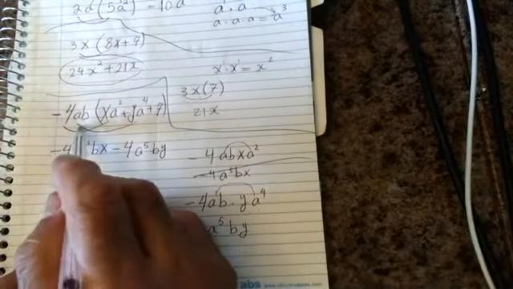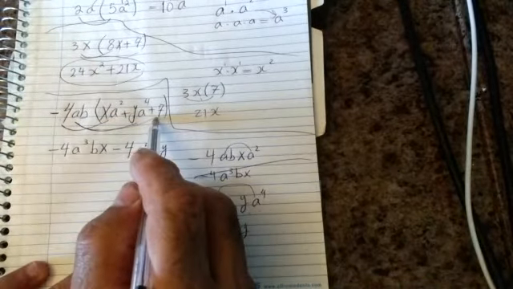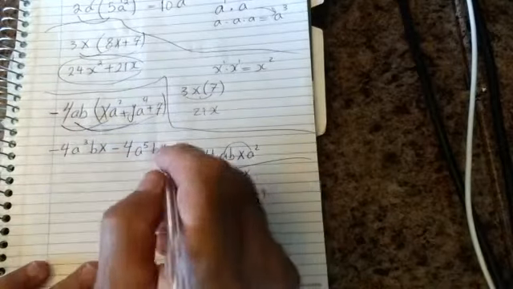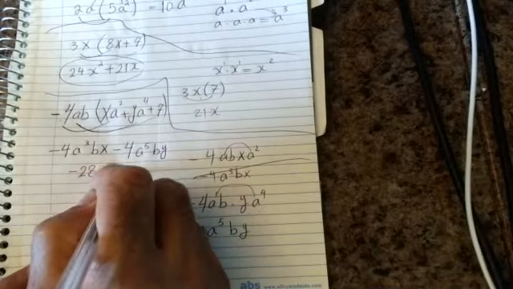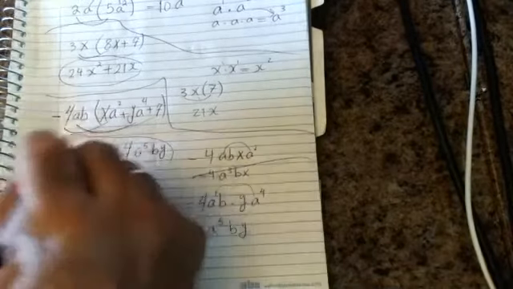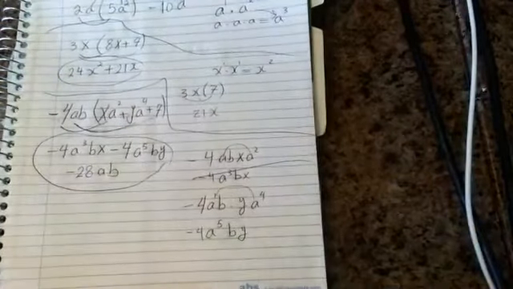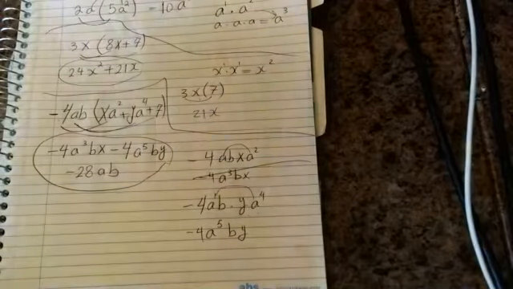And then when you bring minus 4ab and times 7, just 7 times minus 4 is minus 28ab. That's how you do the distributions.